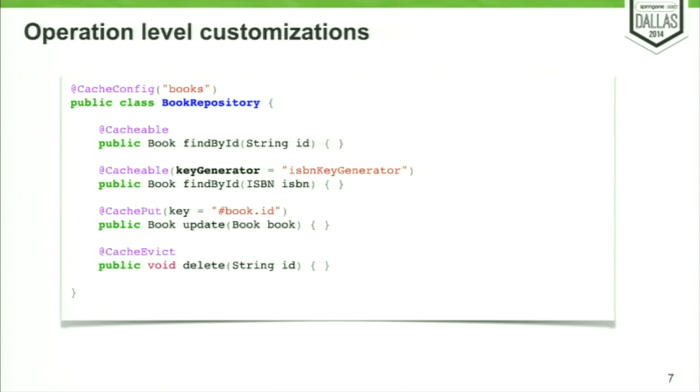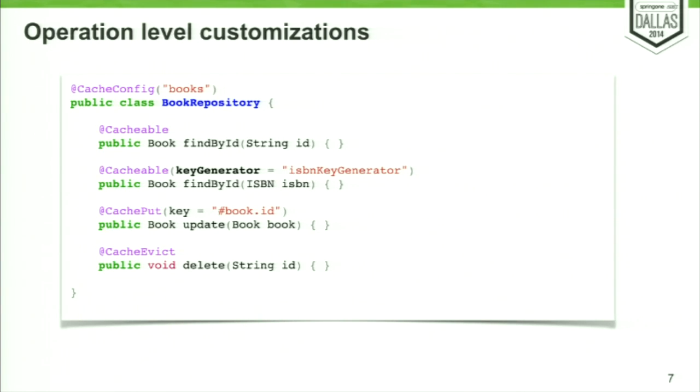For that, we've improved all the annotations to be able to specify custom services. This applies to the key generator and the cache manager. That's yet another user feedback that we got: people using an application with several cache managers and being forced to create a composite or something that would look to proprietary annotations to figure out which cache manager they have to use.